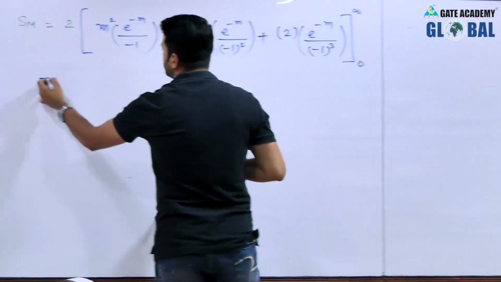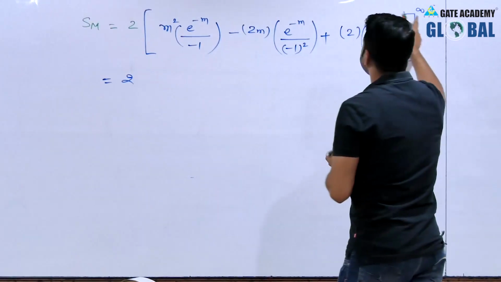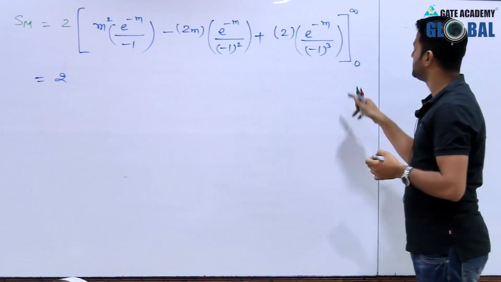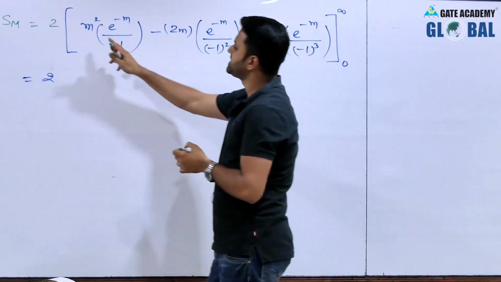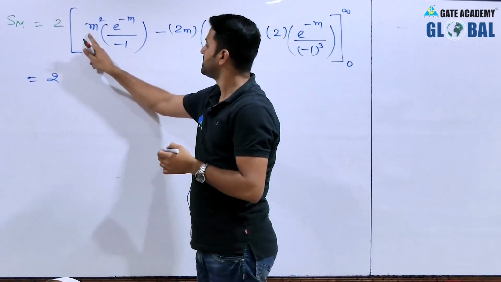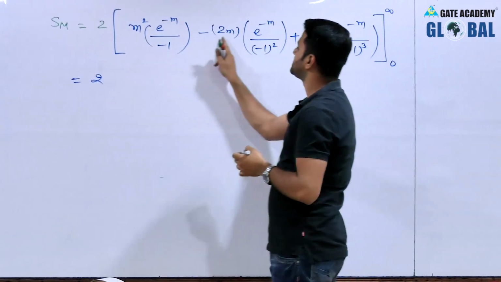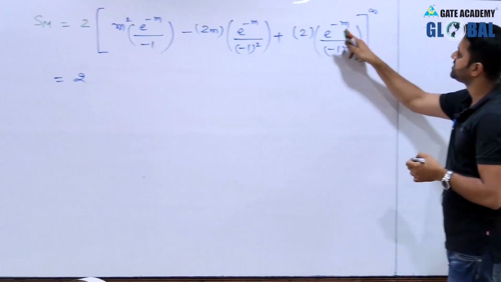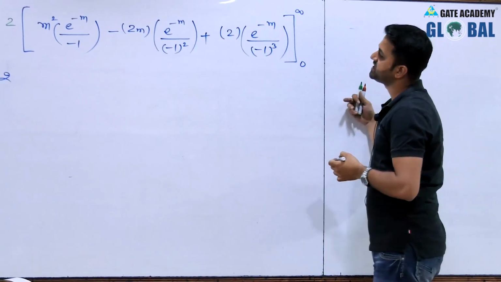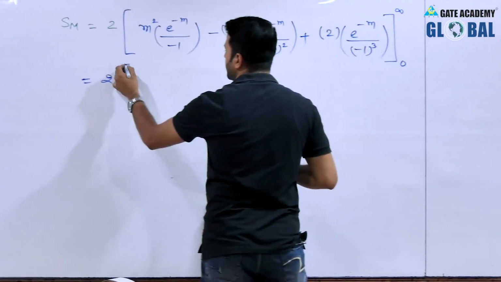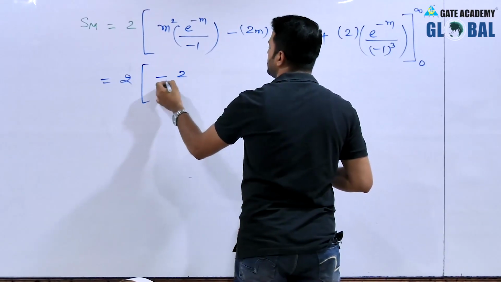Now, if I substitute the limits, at infinity e to the power minus infinity is 0, in all three terms. When we put 0 for m, the first two terms are 0 because they are multiplied by m. When we put 0 in the last term, we get e to the power 0, that is 1, and 2 upon minus 1 whole cube, that means minus 2 upon 1.